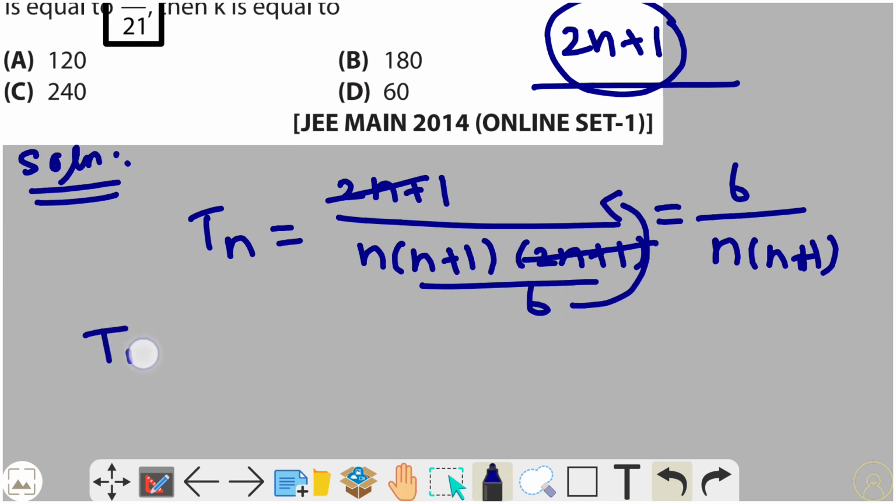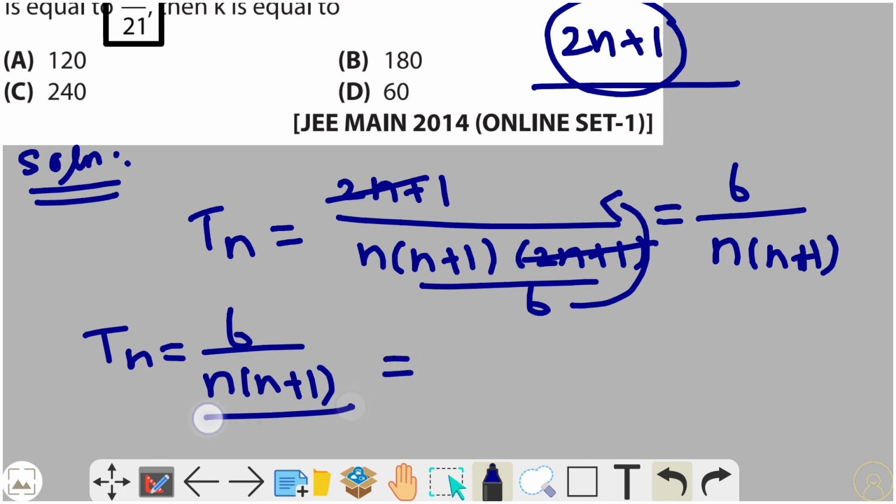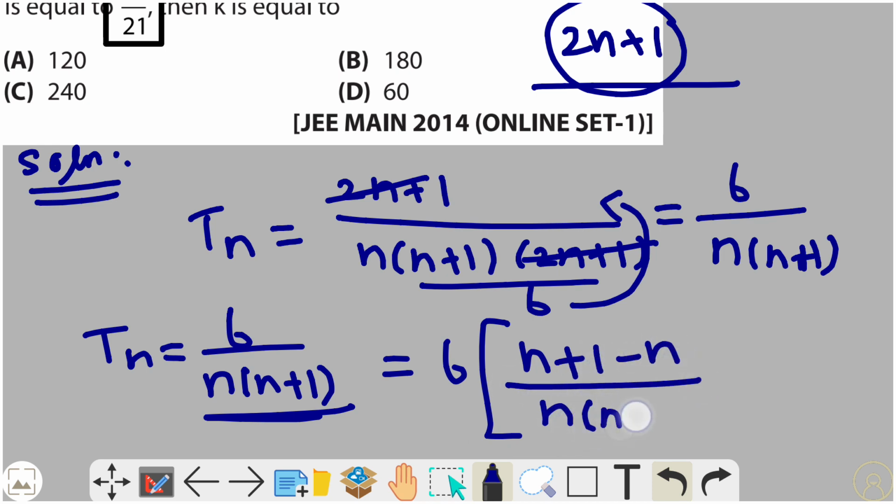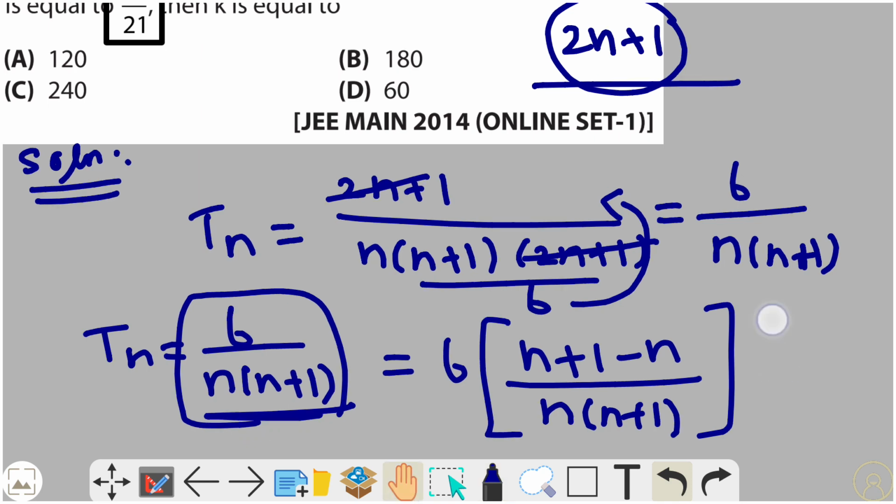So Tn is equal to 6 divided by n into n plus 1. Okay, so I'm going to rearrange this 6 divided by n into n plus 1 as 6 into n plus 1 minus n, divided by n into n plus 1. So minus n plus n cancel each other, so we get the same previous term.